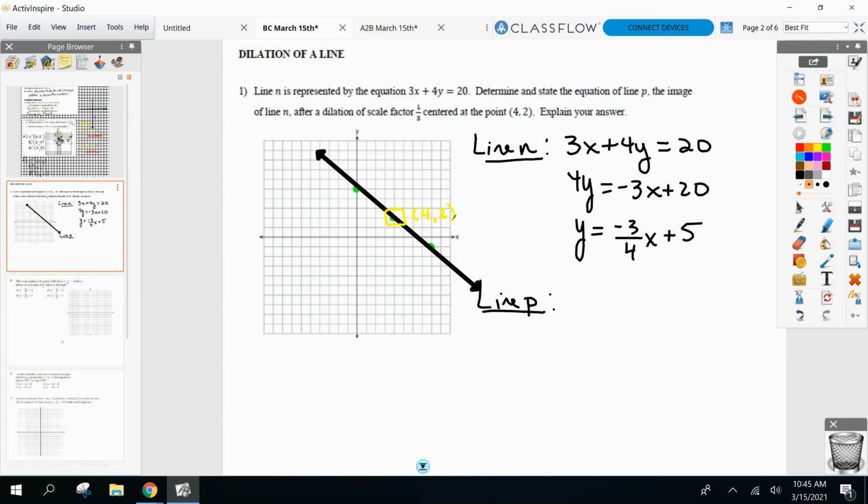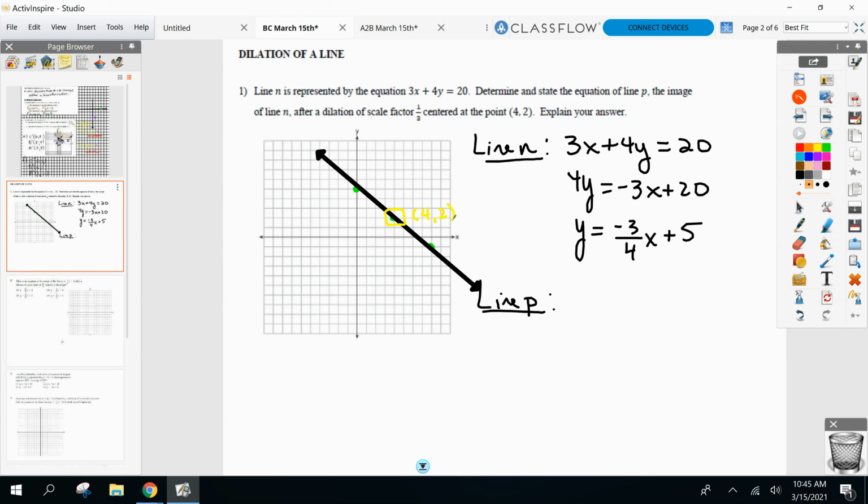Stay with me here. Now that you know what actually happens to a point when I dilate, if I'm going to dilate by a scale factor of 1/3, are all the points going to get closer or further away from (4, 2)? Closer. Let's try this and see where we end up.